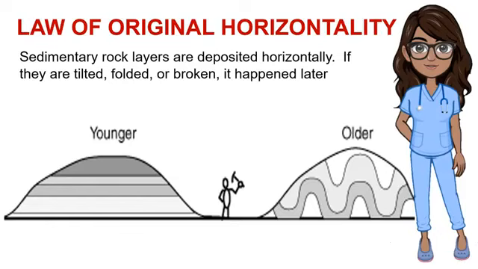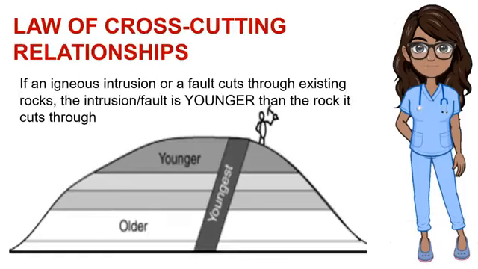If they are tilted, folded, or broken, it happened later. Law of cross-cutting relationships: if an igneous intrusion or a fault cuts through existing rocks, the intrusion or fault is younger than the rock it cuts through.